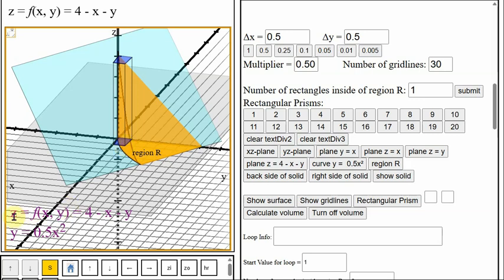And then using the function z equal to 4 minus x minus y, I calculate the height of this prism. And then the volume of the prism is just the height times the area of the base rectangle right here. And then here's the second prism.